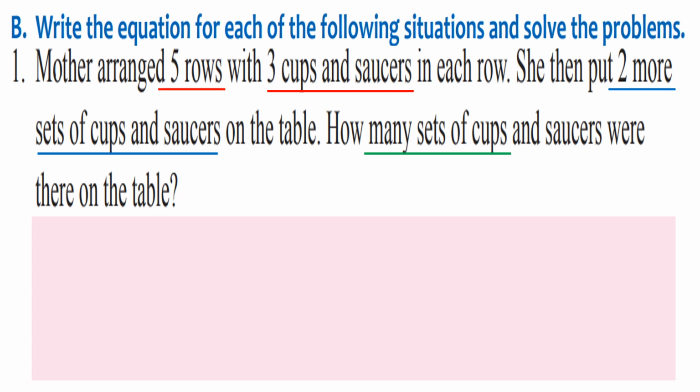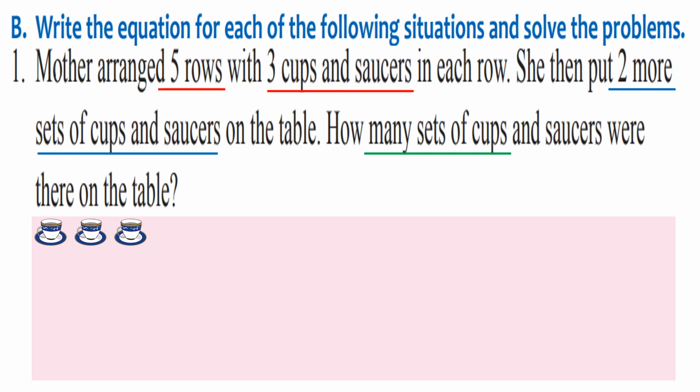Okay, how to write here. First, if you say mother arranged like this, you have sets of cup and saucers. You have this cup and saucer here, first row, and then you have 3 cups and saucers. They are a set.